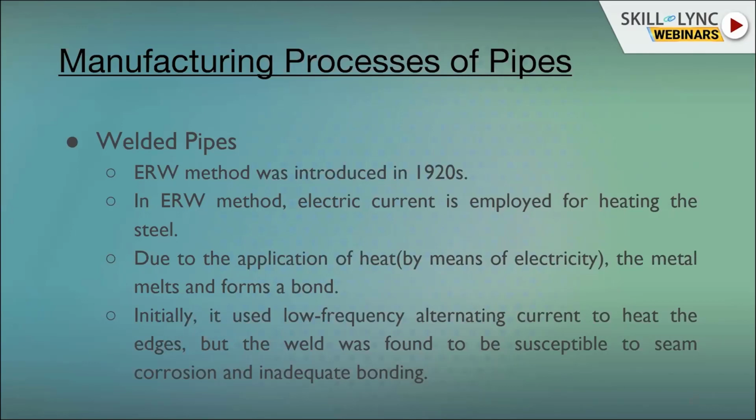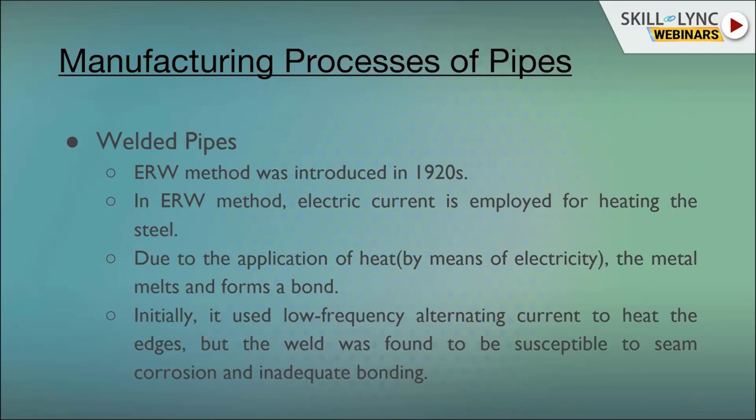Between the two metals, when you create a current, electric current flows, then automatically resistance is created and heating is generated. After the heating, the two metals join and the welding is done. Due to the heat from the electricity, the metal melts and forms a bond.